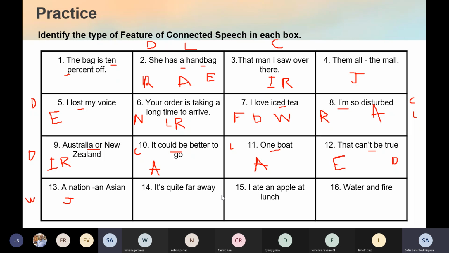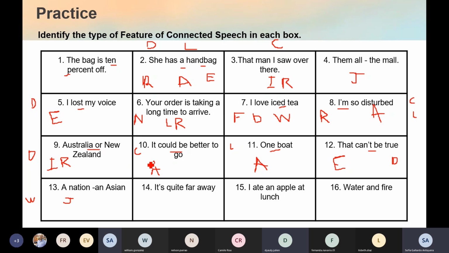Now the 14th. Linking R. You again. Which one? Linking R. Okay, and can you tell me why? It's quite far away. Where does the change happen?